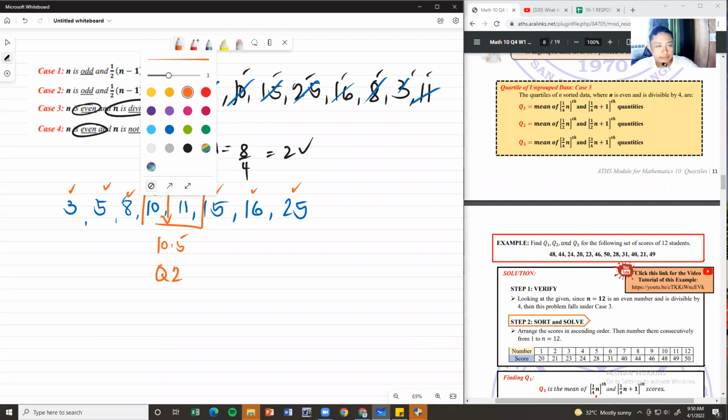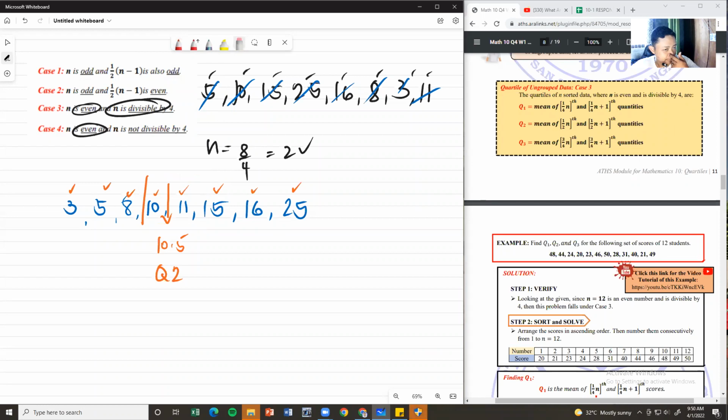Next, for our quartile 1, we need to balance again the remaining items, except, of course, 10.5, which is not part of our data. So 1, 1, 2, 2.